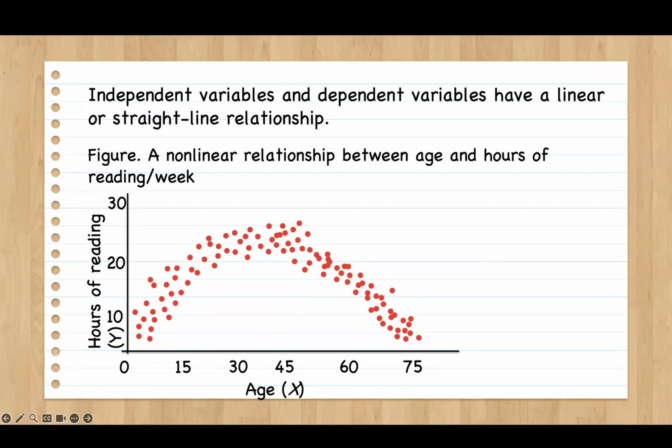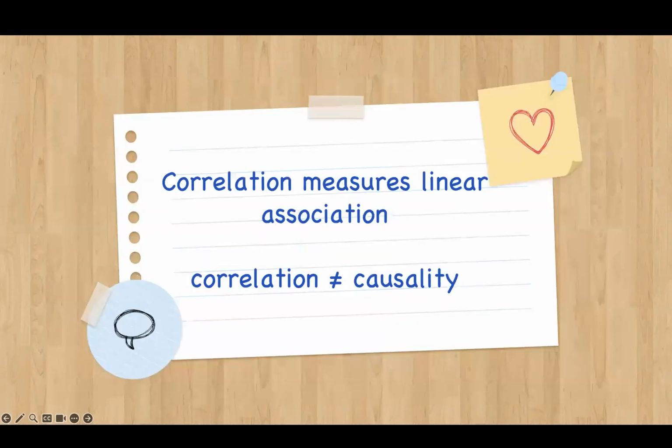That's true, but of course, it's missing the point in this case, because age and hours of reading have a relationship with each other. The bottom line is that the correlation coefficient is only useful when we look at linear scatters, not for this case.